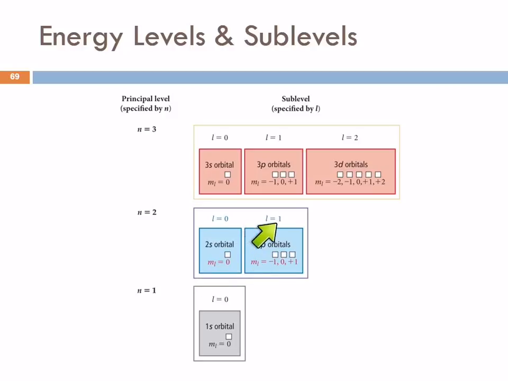If L equals 1, now we have more possibilities for m sub L. It can be minus 1, 0, or plus 1. So there are actually 3 of these p orbitals, and they differ in their orientation. One goes up and down, one goes side to side, and one goes in and out, like the x, y, z coordinates. Yes?